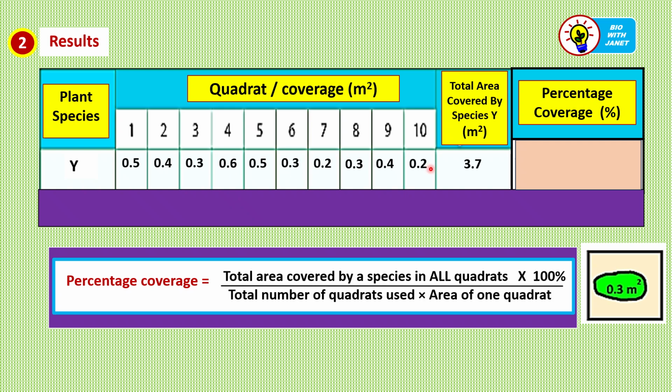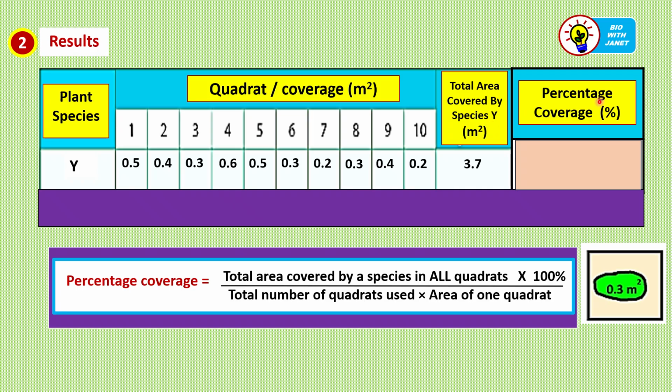So after you have tabulated the data, then you have to calculate the total area covered by species Y in meters squared. So normally you will have to add up all the values here. Okay, so 0.5 plus 0.4 and so forth, you get 3.7 meters squared. That's the total area covered by species Y in all the quadrats.